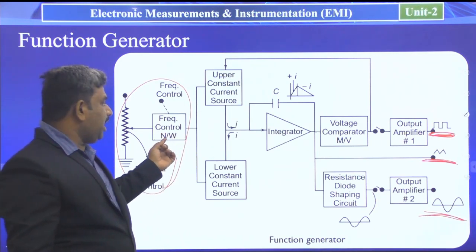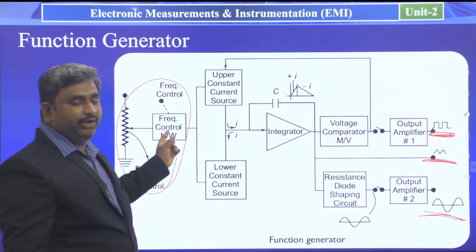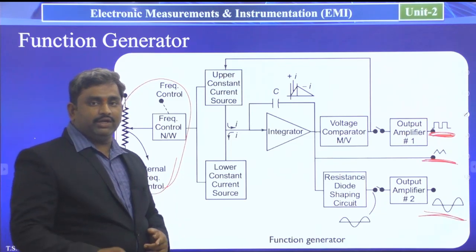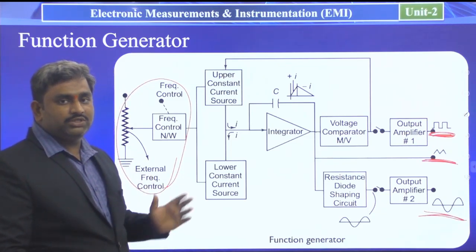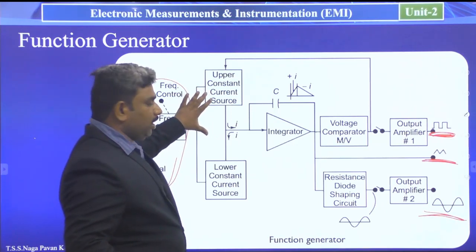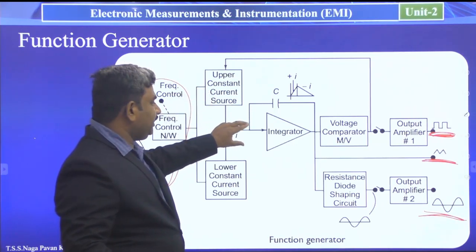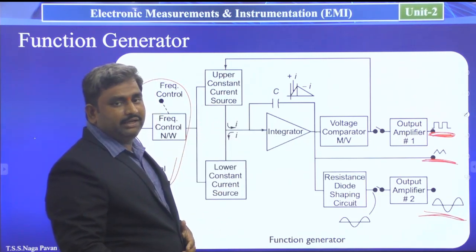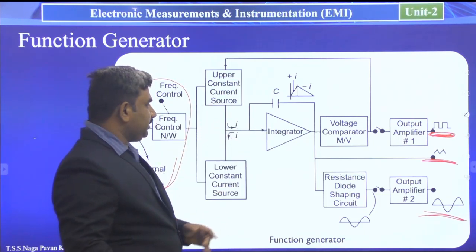Those frequencies are fed to the upper constant current source and the lower constant current source. The outputs of these upper and lower constant current sources we connect to an integrator by using a switch.